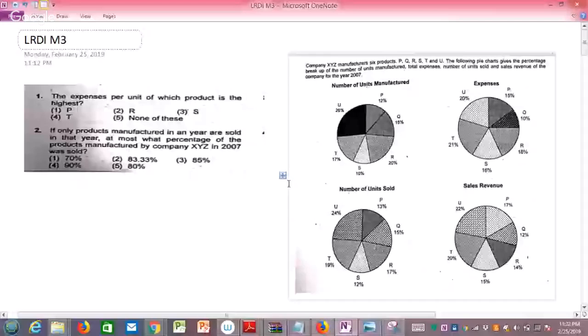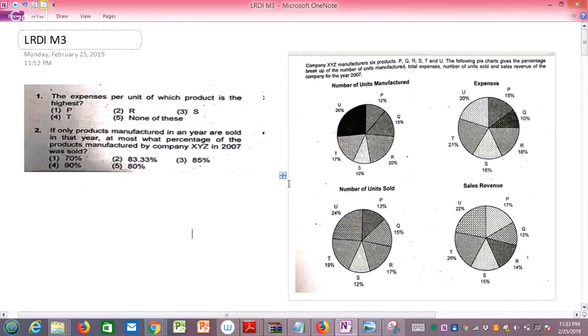Okay, I think so. Let's start and do these questions which were given to you as part of the assignment. The first question: there is a breakup of number of units manufactured, expense, number of units sold, and sales revenue of 6 products, P, Q, R, S, T, U, of a company XYZ.